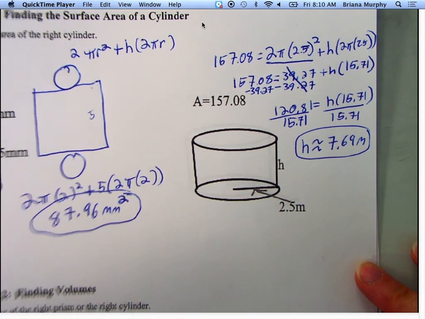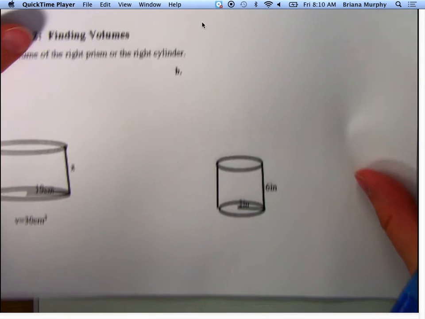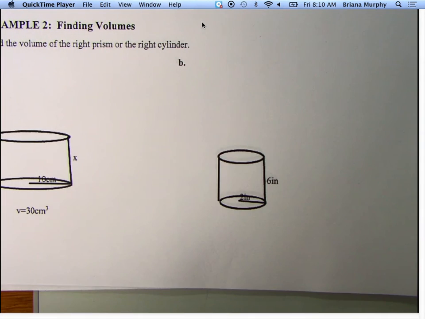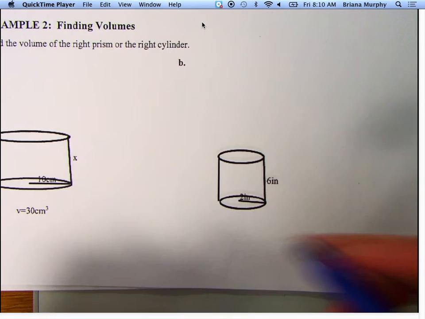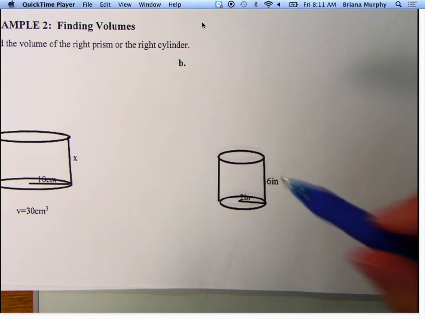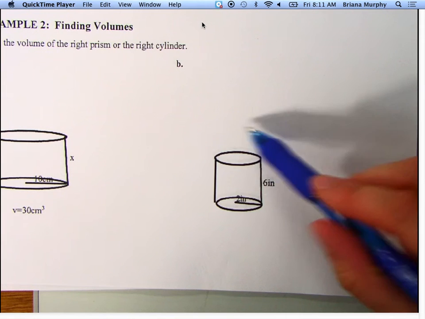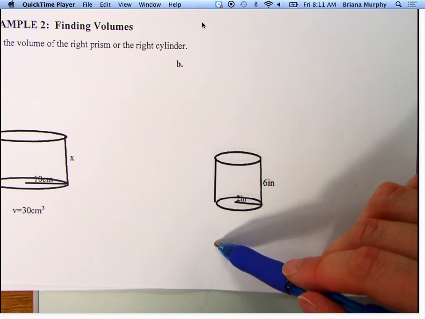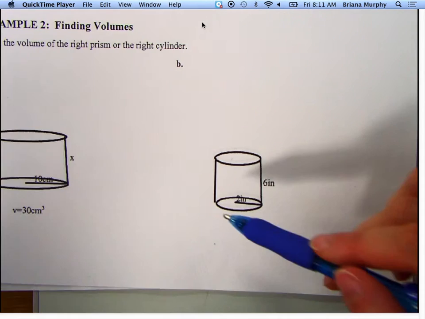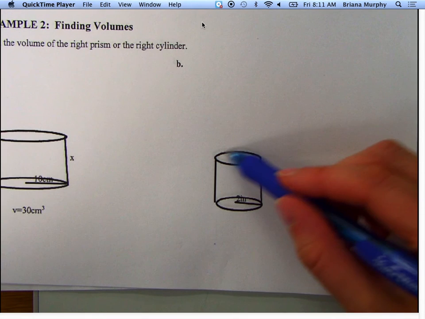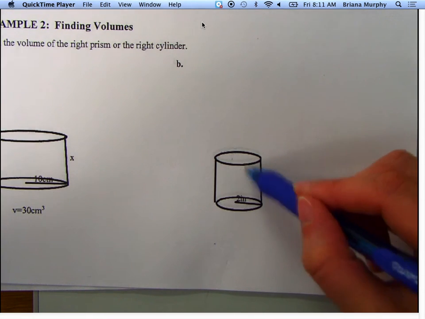I'm going to do B first for volume. Volume is how much I fill up. So it's how much fits inside my cylinder. If this is my circle on top, I want that circle to go all the way down to the bottom. How do you think that formula would look? How do we find the area of the top?